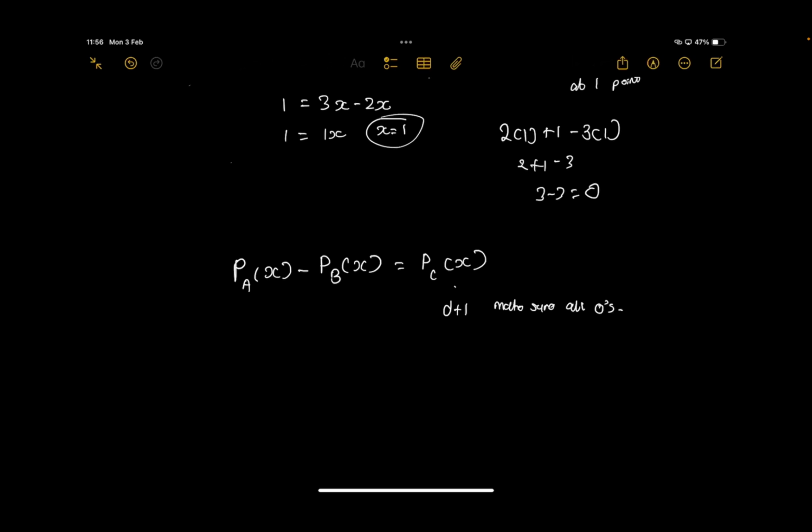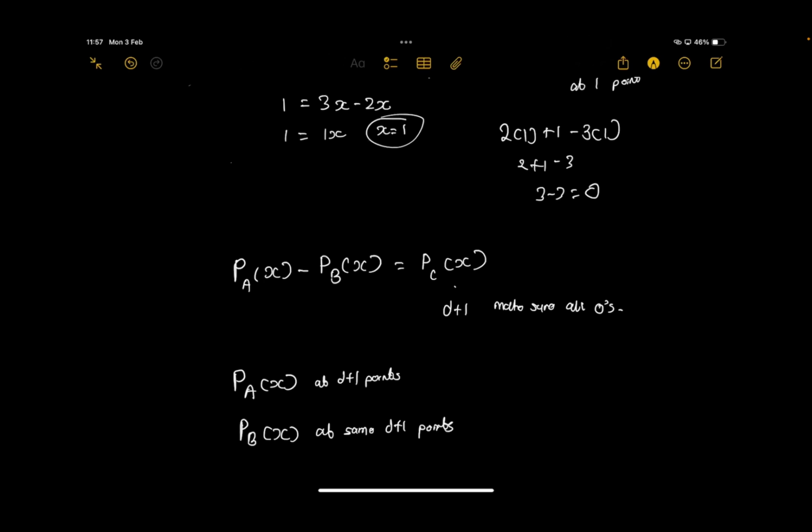But based on this way, you can derive another way to test. Looking back, the only reason there would be zeros is if the two of them align. So another way to test is by evaluating P_A of x at D plus 1 points, and also evaluating P_B of x at the same D plus 1 points.